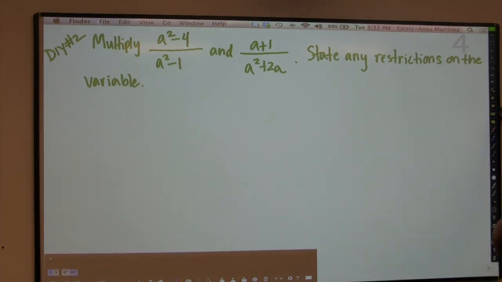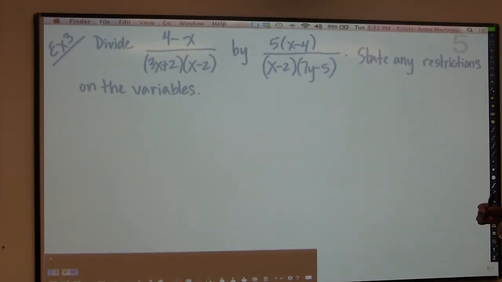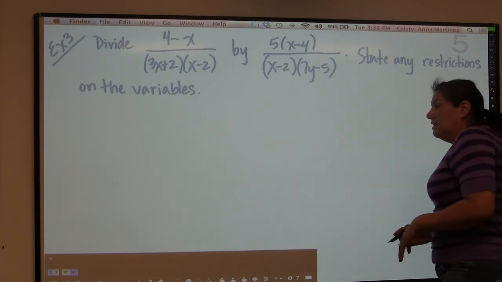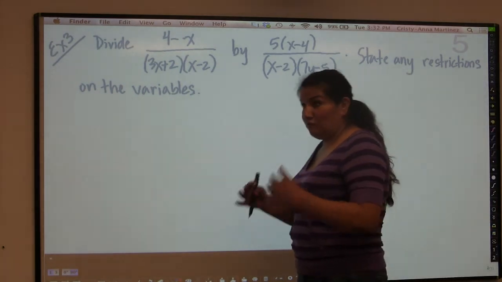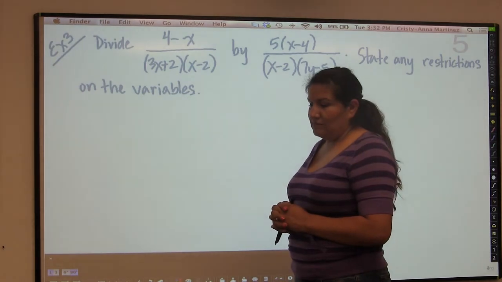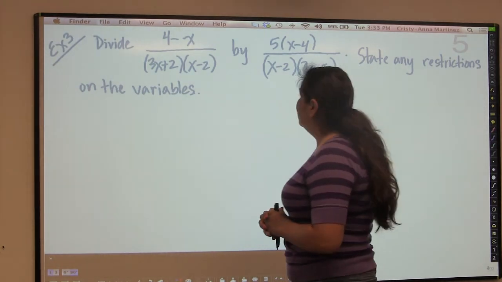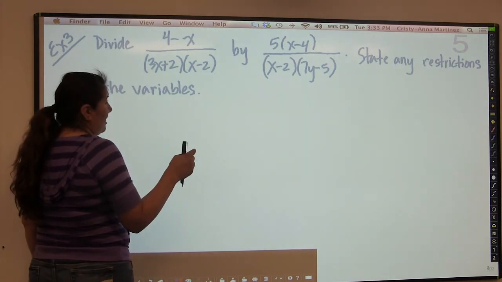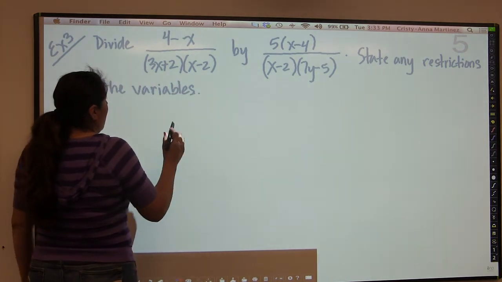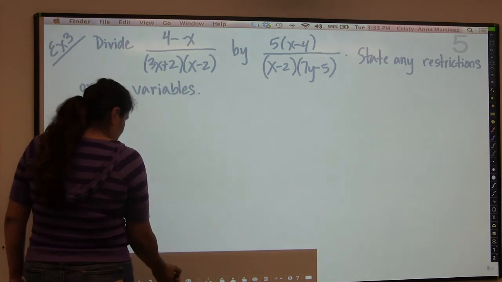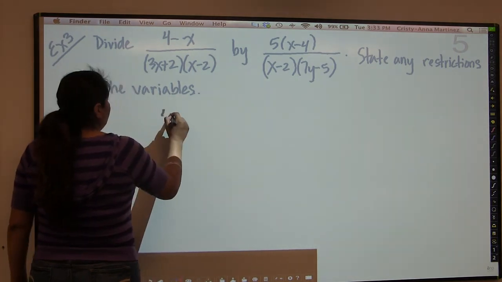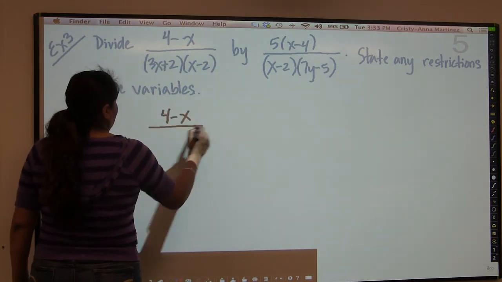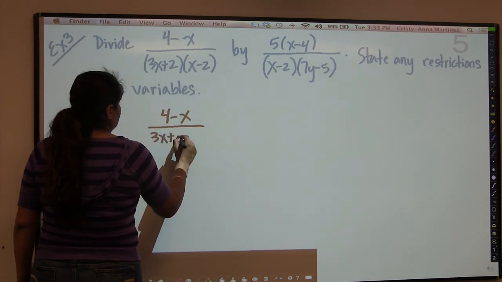And the last thing we're going to do is division, but you probably already know that dividing by a fraction is the same thing as multiplying by the reciprocal. So the first thing I would do is, the good news is that this problem is already factored, everything's already factored, so that's nice. But we're going to rewrite it as 4 minus x divided by 3x plus 2.